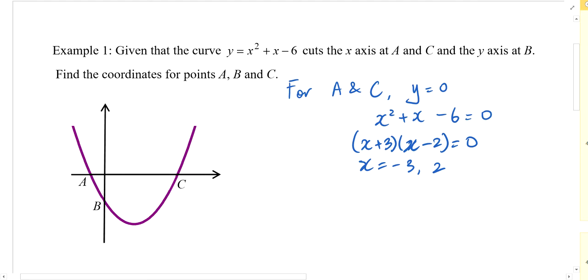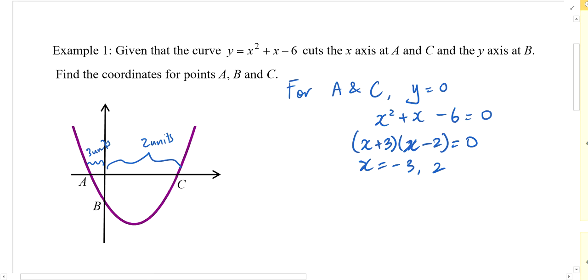Can you give me a comment about this sketch over here? Not drawn to scale. In fact, it is quite a poorly drawn graph, isn't it? Why is it poorly drawn? Yeah, it is supposed to be 2 units over here and 3 units, right?